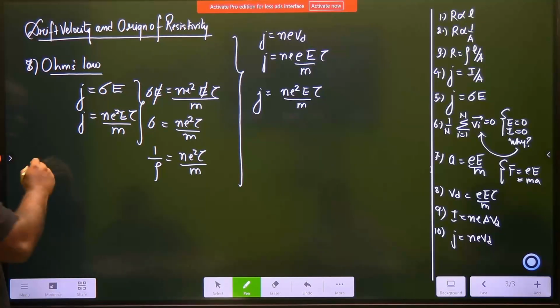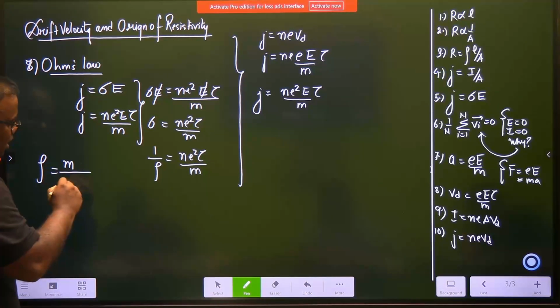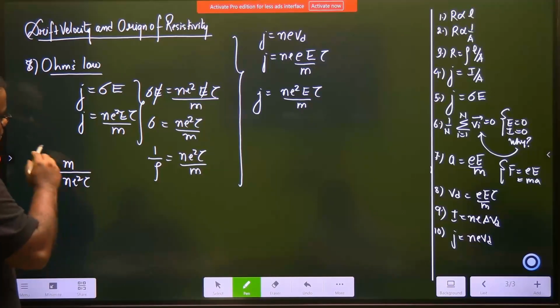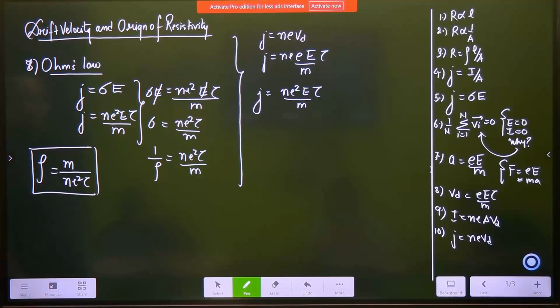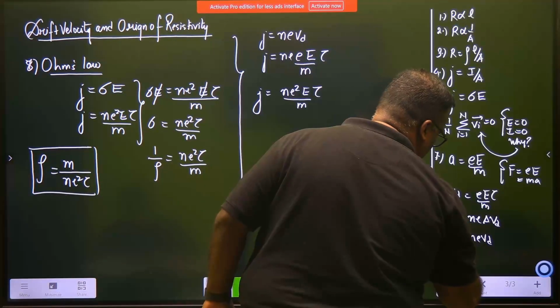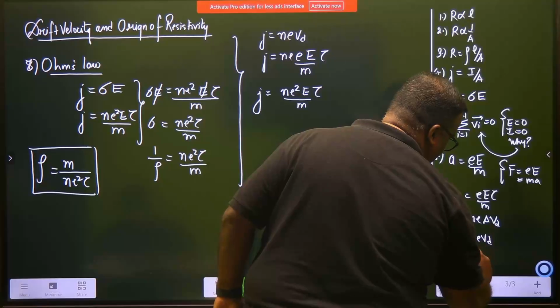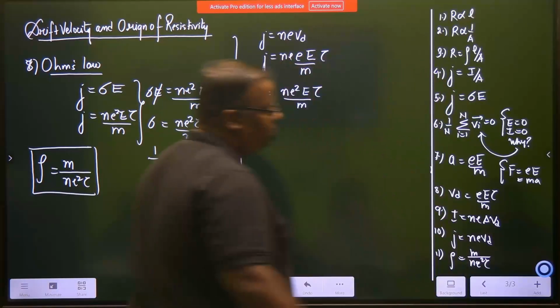That means rho is equal to M divided by N e square tau.